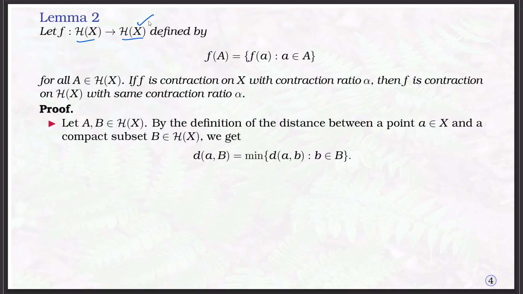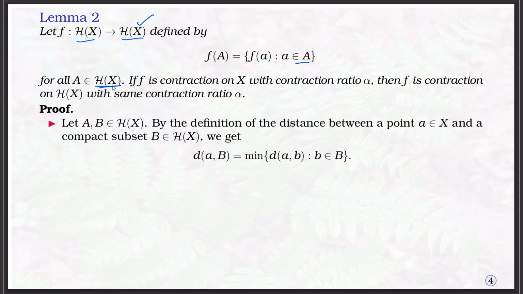Throughout our lectures, we are going to assume that X is a complete metric space, and H of X is the associated hyperspace of X. Now, we are defining F from H of X to H of X by F of A, taking the image of all the points in the set A, where A is a non-empty compact set of H of X. Since what is H of X?